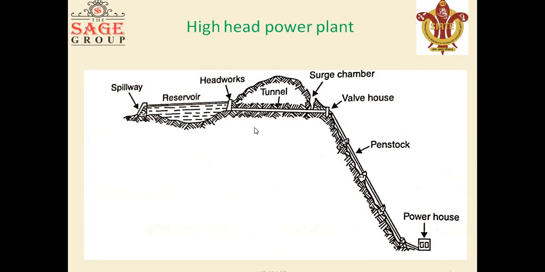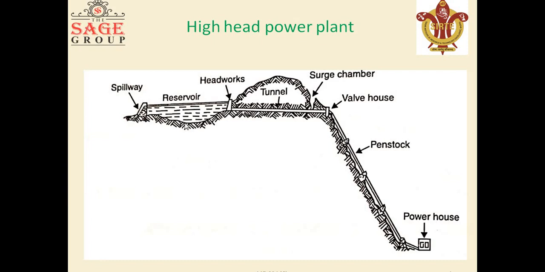So we should know, first, the head is 100 meters and above, and second, the Pelton wheel is used as a prime mover or turbine in high head power plants.